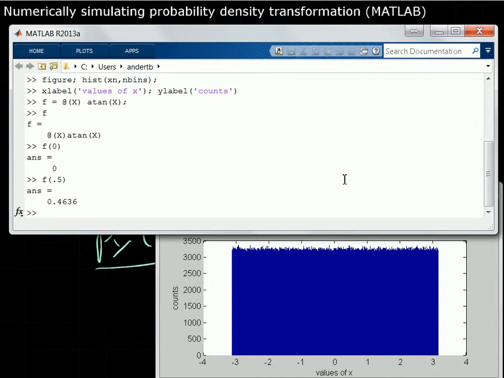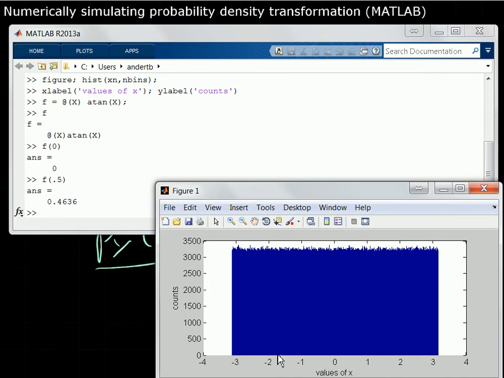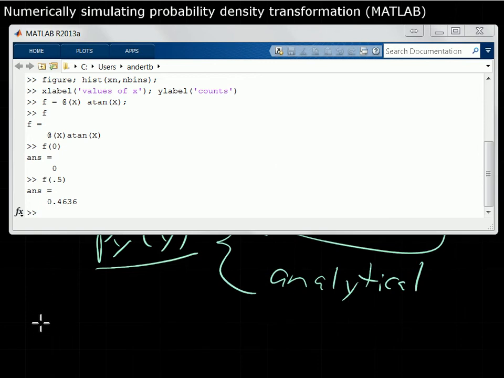Before I do that, I want to revisit this histogram plot and show how to do an estimate of the x probability density using the histogram. The y-axis here is in terms of counts, and so we want to scale this so that we have the relation that p of x is normalized to 1.